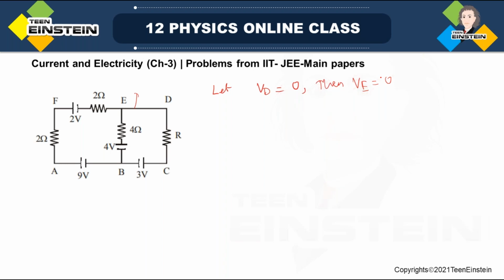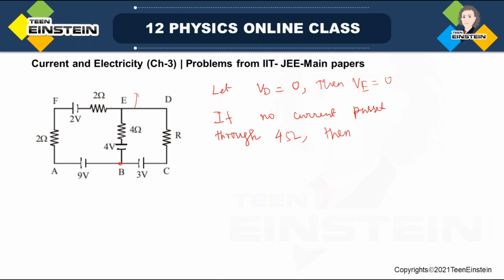Now, as no current is flowing through the 4 ohm resistor, we can say that if I take the potential VB here, this point has opposite potential to this arm.